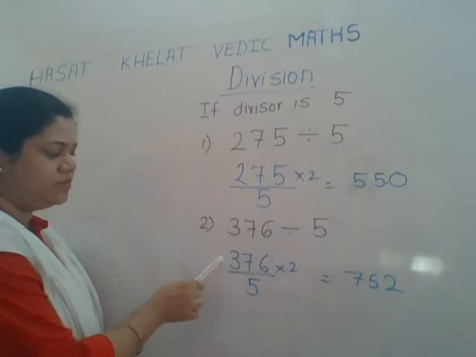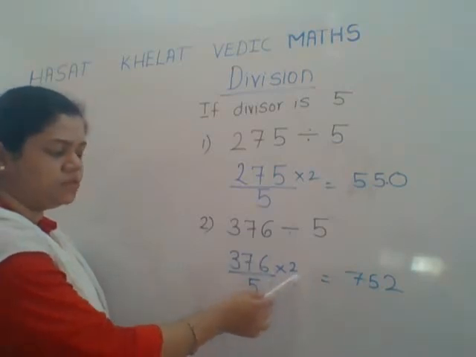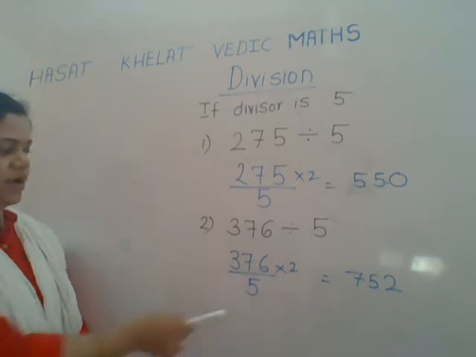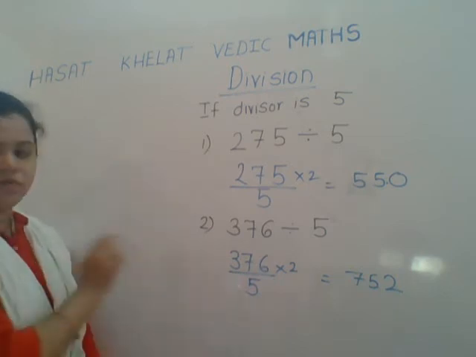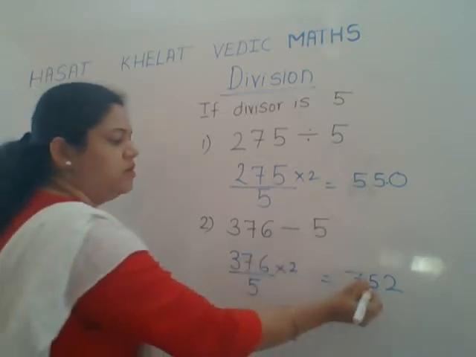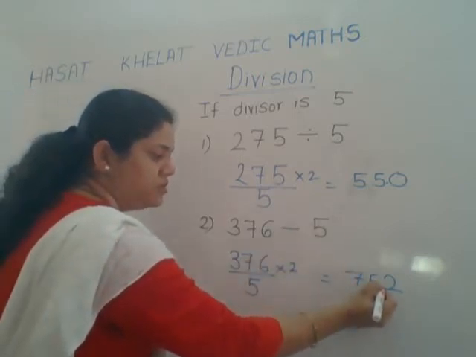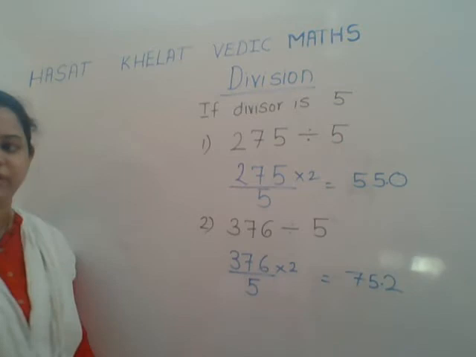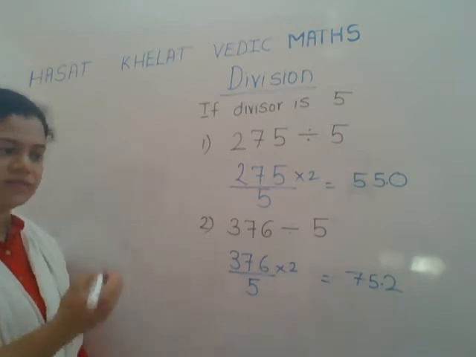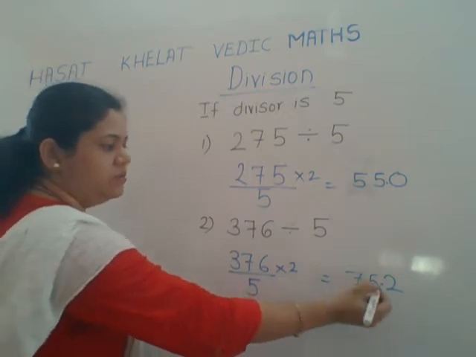I multiplied 376 by 2 and got 752. And since in the denominator we have only one digit, I will put a decimal point from the right-hand side after one digit.